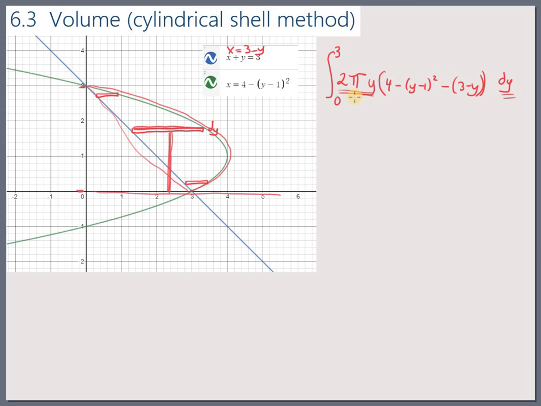So there's our whole setup. We've got the radius right here of one of our cylindrical shells. And so 2 pi radius, and then the height of one of those shells is the difference between the two functions, which we have here, and the thickness of one of the shells is the dy. Okay, so this needs a little bit of cleanup to integrate. I'm going to pull the 2 pi out front because that's just a constant multiple.